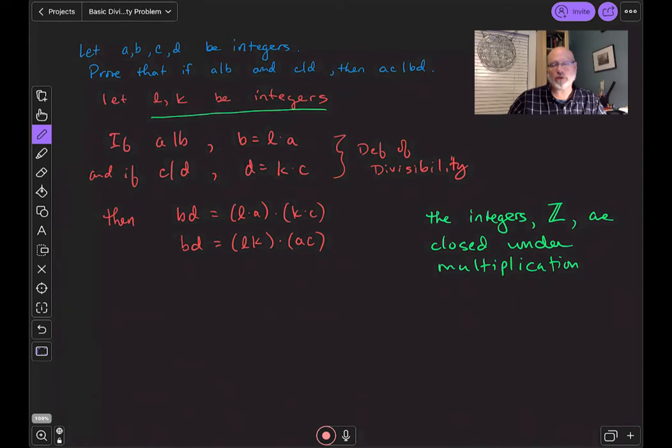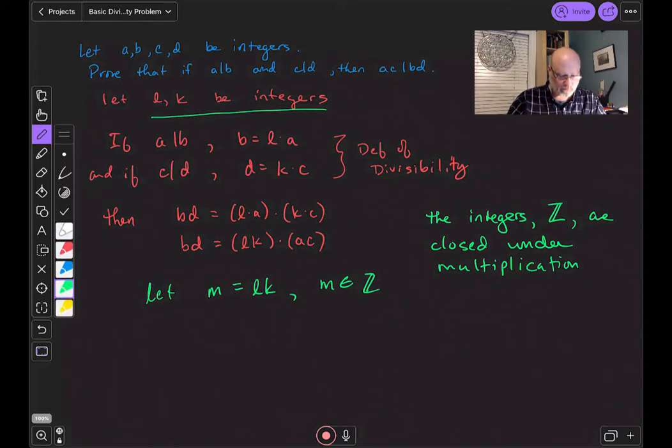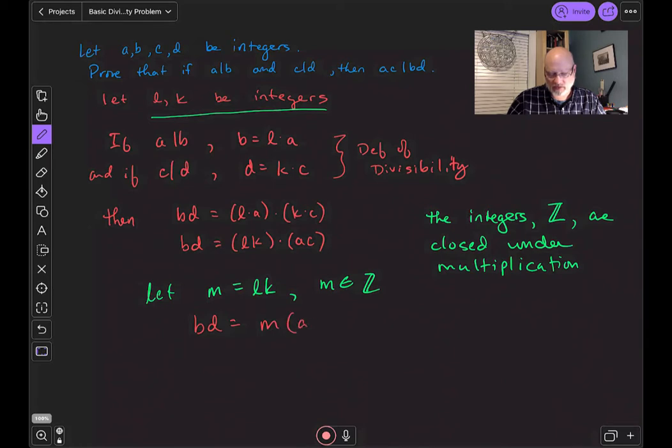I'm not going to multiply two integers together and suddenly get an irrational number, or a fraction that doesn't reduce to an integer, or complex numbers. It just means the result is always an integer. So I can say let M equal L times K, where M is an integer, and I can rewrite my statement as BD equals M times AC.